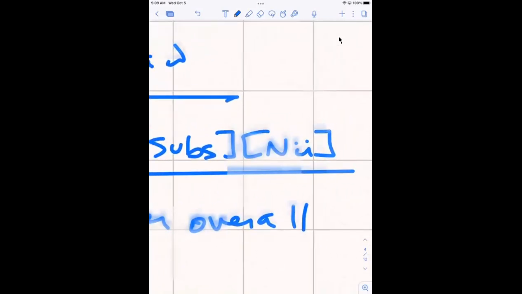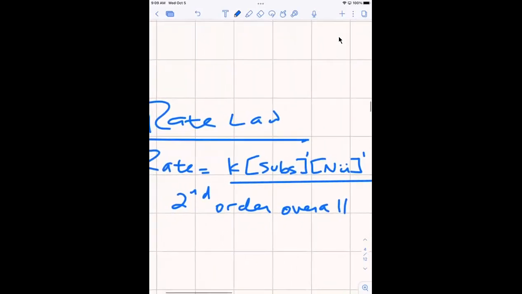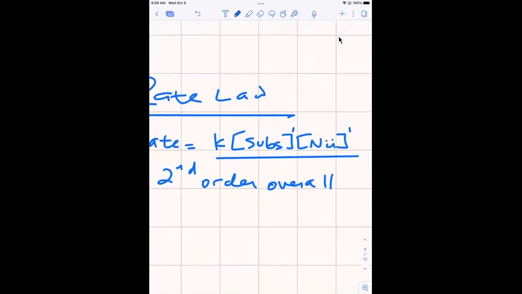So in the rate law, the exponents here are 1. So if you add those together, since the rate is a product, you would add those exponents together and you get 2, right? 1 and 1 is 2, so a second order overall, right?